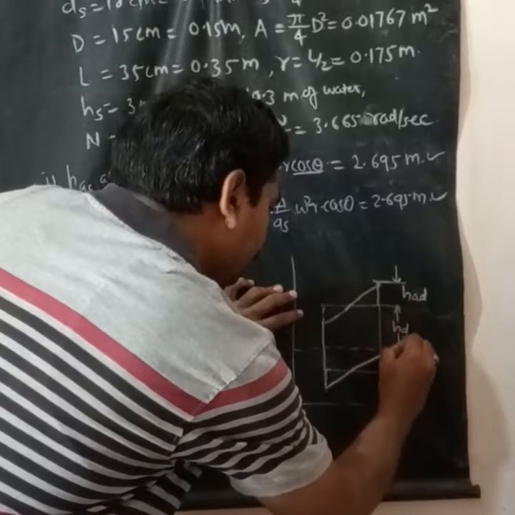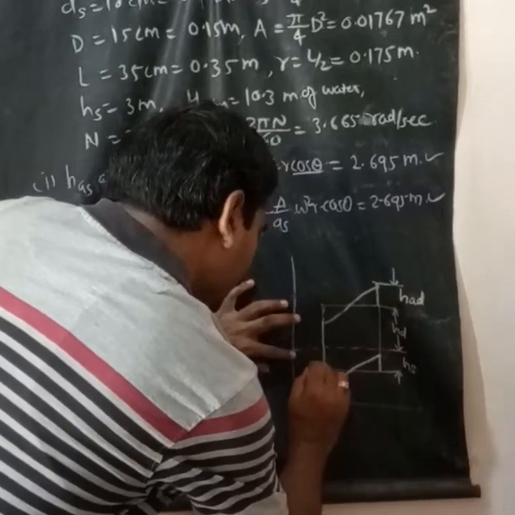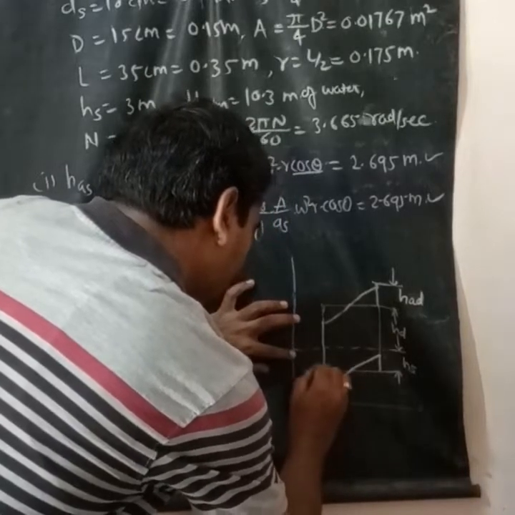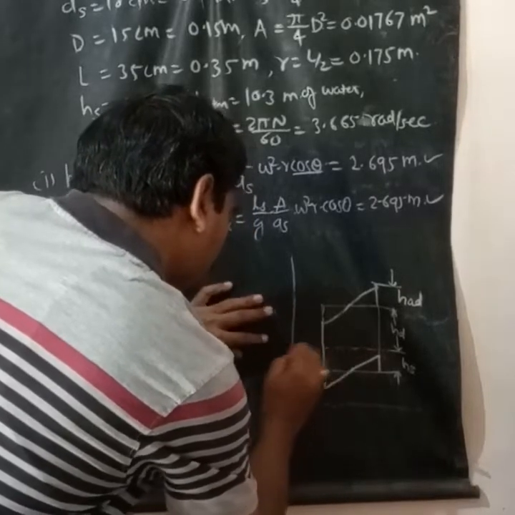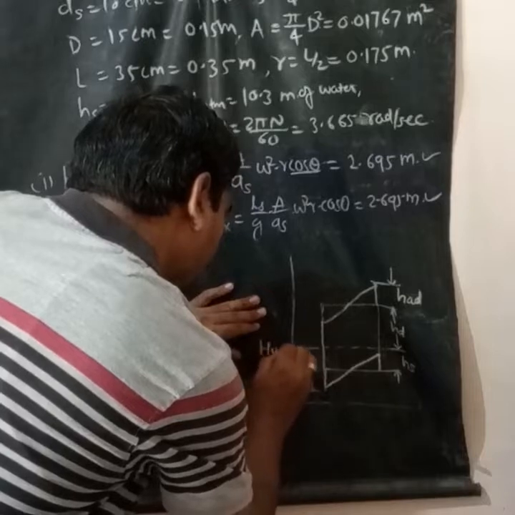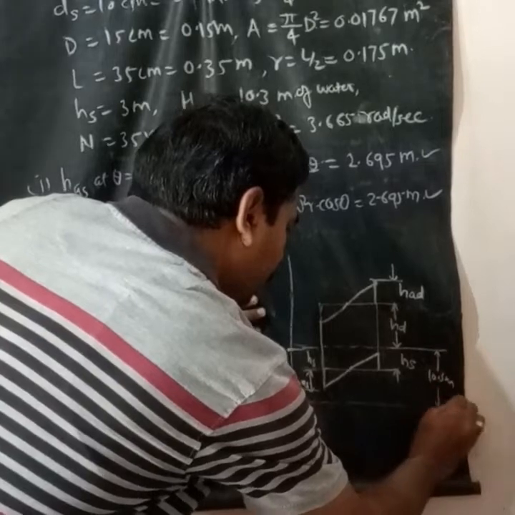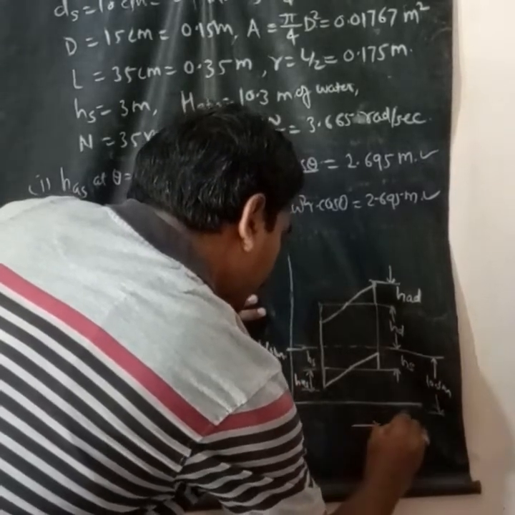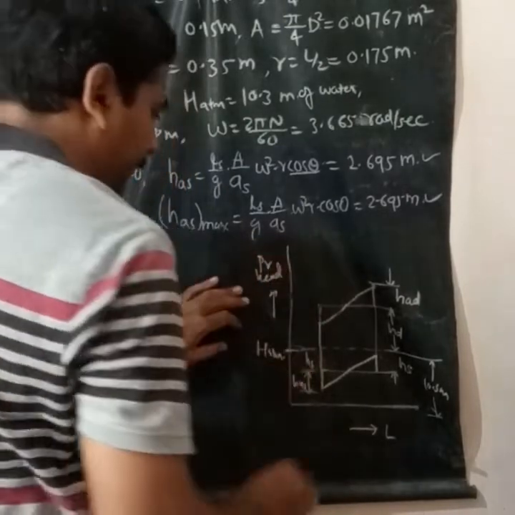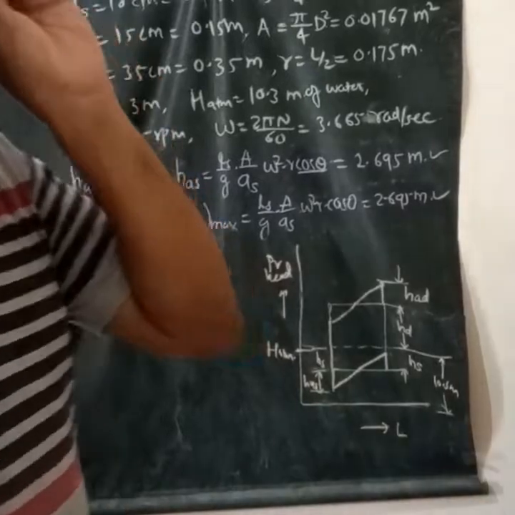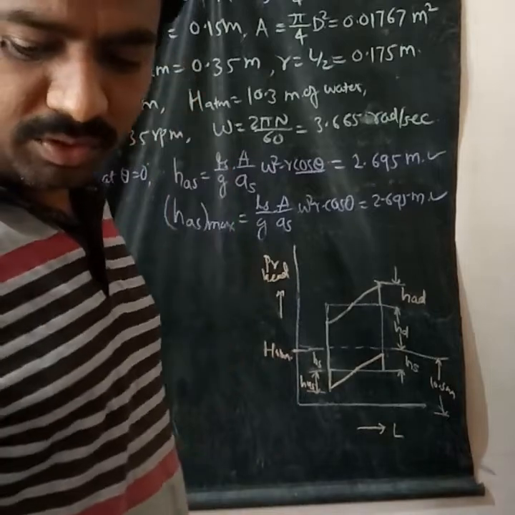This is HB. This is HS. This one is HAS. This is HS. This line is representing H atmosphere, which is 10.3 meters of water. Here there is the length of stroke and here there is the pressure head. I understood the diagram because we have already seen this diagram.